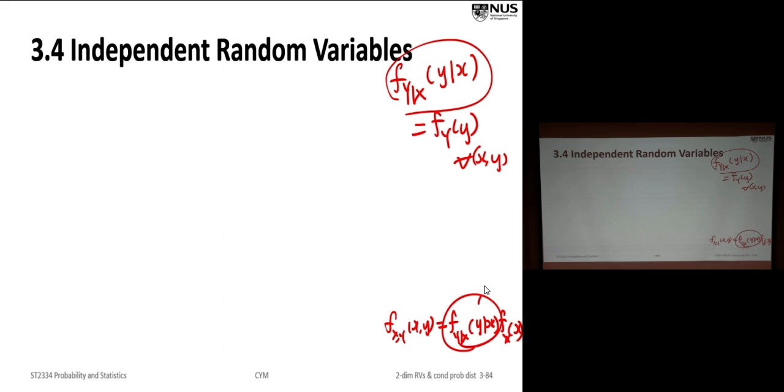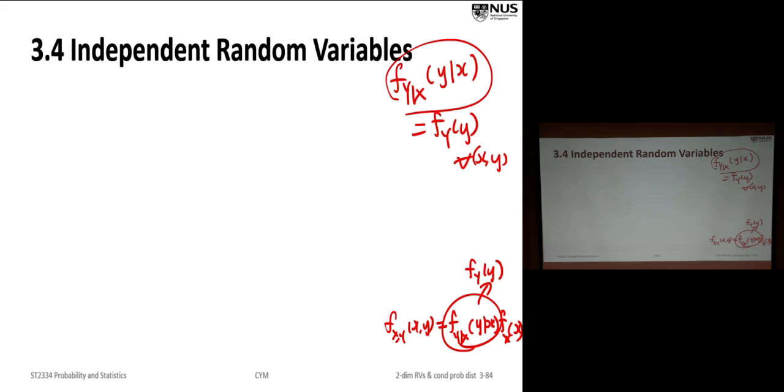But if the conditional can be expressed just in terms of y, then the joint distribution can be obtained with the knowledge of the marginal distribution of each of the random variables. So we don't have to know the conditional distribution. It's too complicated for us because it depends on x.